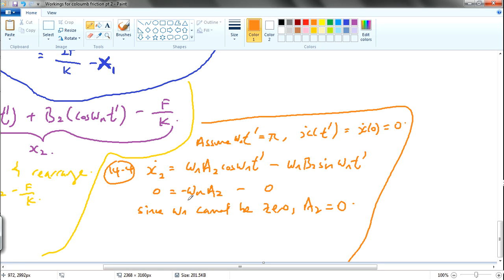Therefore omega n cannot be 0, so a2 is equal to 0. I think this will be more legit.